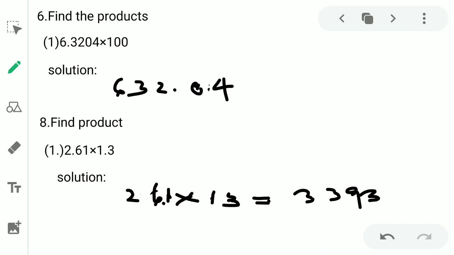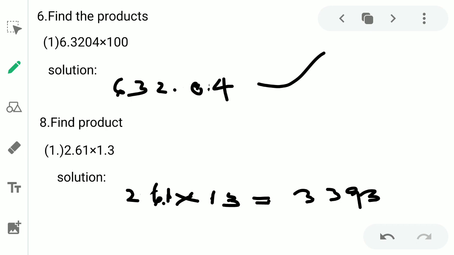Next, the sixth one: find the products. 6.3204 into 100. So what will be my solution? 632.04.